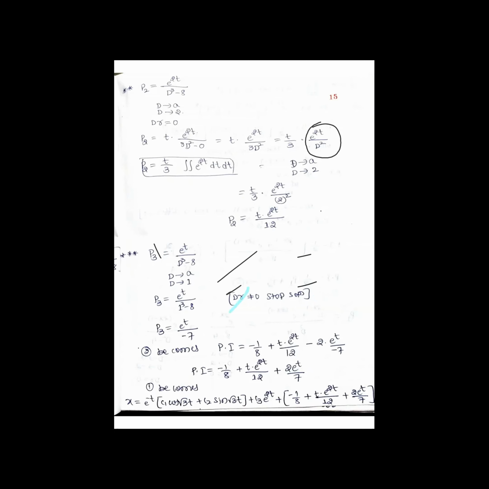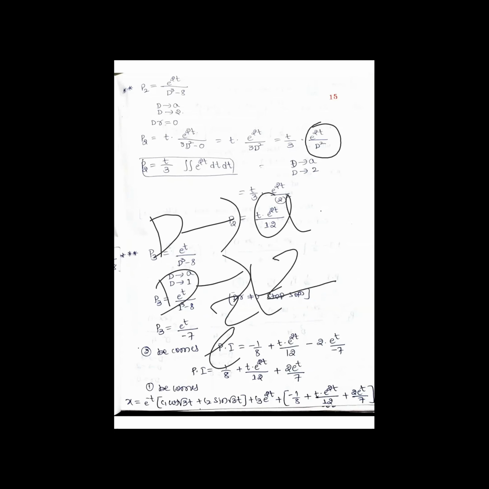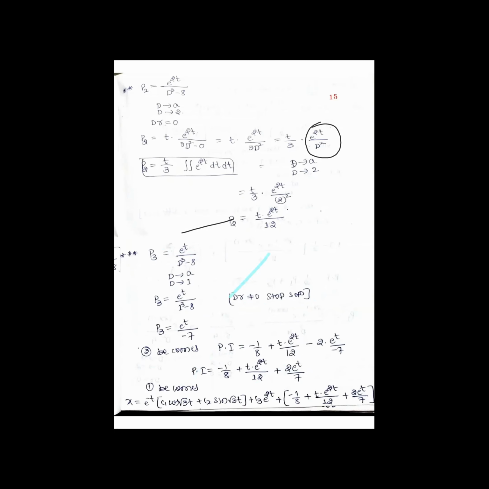Or else what you can do is that d is replaced by a. So d is replaced by 2. So e raised to 2t divided by 3 into 2 square. What is 2 square? That is 4. 4 into 3, that will be 12. So that's what I'm writing here.